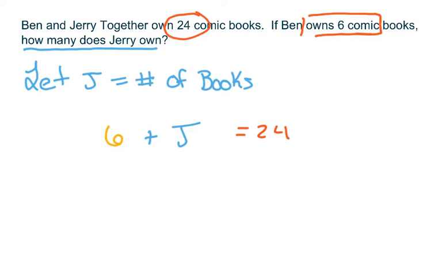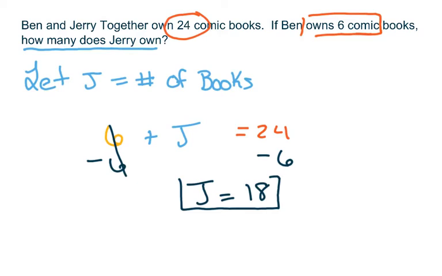Now, yes, this problem may seem simple, but we need to know how to set up the simple problems to figure out the more challenging ones. So we're going to start with these simple ones. So now I can go ahead and solve this problem by subtracting 6 on both sides. So 24 minus 6 is 18.